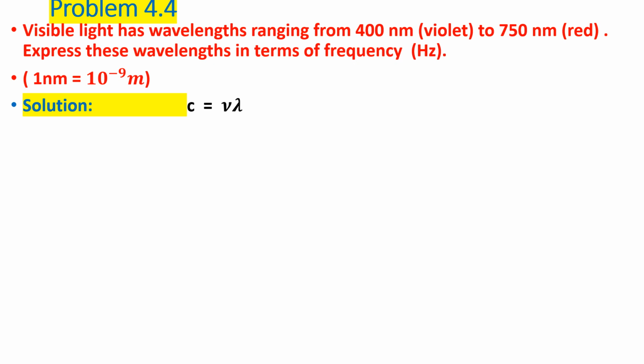The visible light has wavelength region from 400 nanometer to 750 nanometer, where 400 is violet and 750 is red. Express these wavelengths in terms of frequency. You simply have to use 1 nanometer is equal to 10 raised to minus 9 meter. Solution.